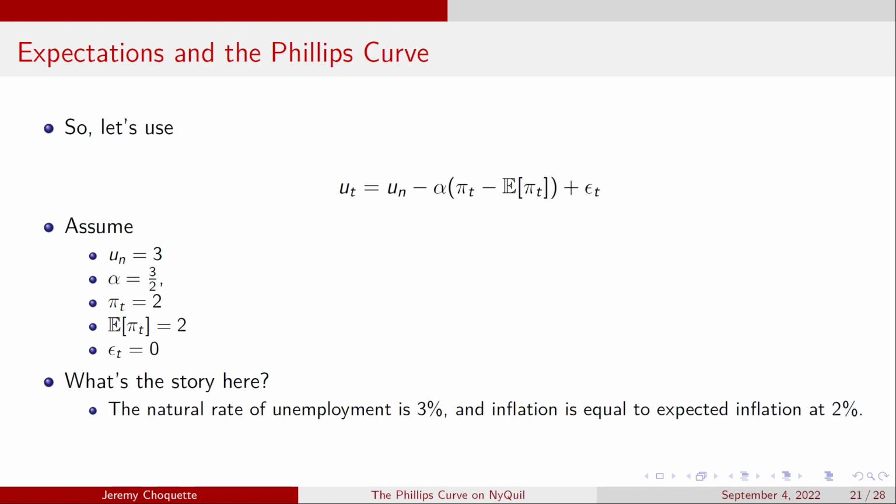So what's going on? What can I gather from these figures under my assumptions? Well, the natural rate of unemployment is 3%. Inflation is equal to expected inflation at 2%. And because expected and actual inflation are equal, the economy is used to an inflation rate of 2%.